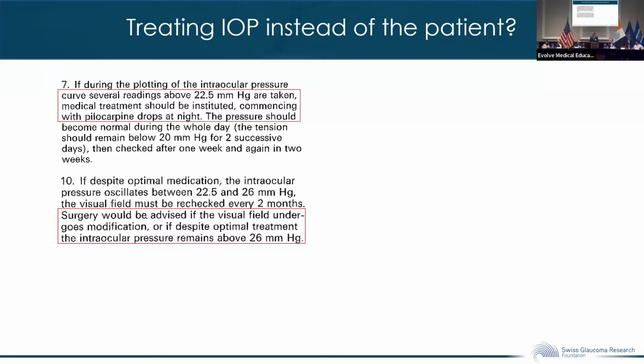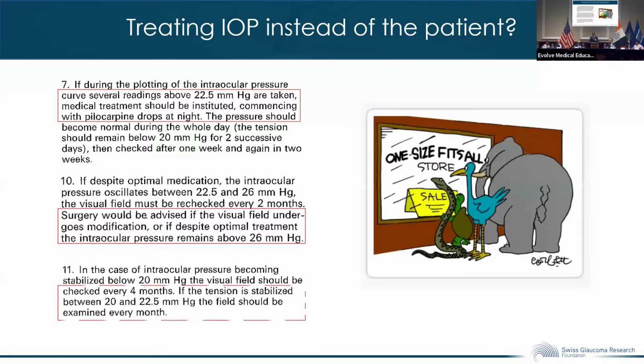And then rule number 10 speaks about surgery, which would be indicated if your IOP is above 26 millimeters of mercury, even in the absence of unstable visual fields. Well, if you use 26 millimeters of mercury, I don't think there would be any room for mix-up nowadays. And then the last rule mentions that if your IOP is stable between, again, 20 and 22.5, IOP should be checked every month.